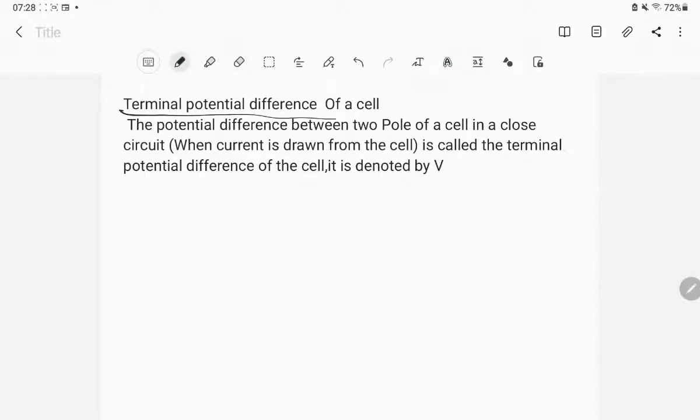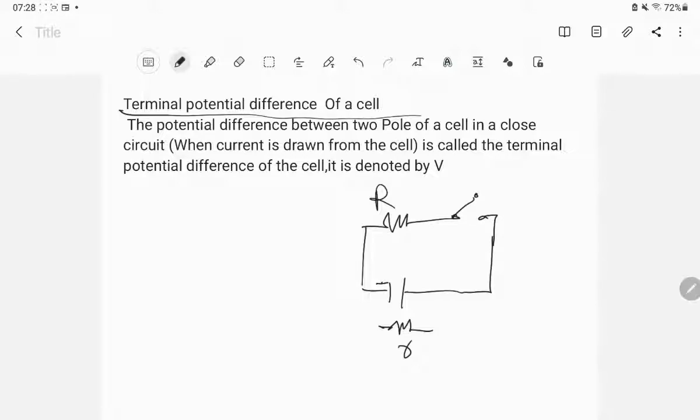Next is terminal potential difference of a cell. So again, let's draw a cell. Put some external resistance. The cell also has its own internal resistance. Okay, this is the key.